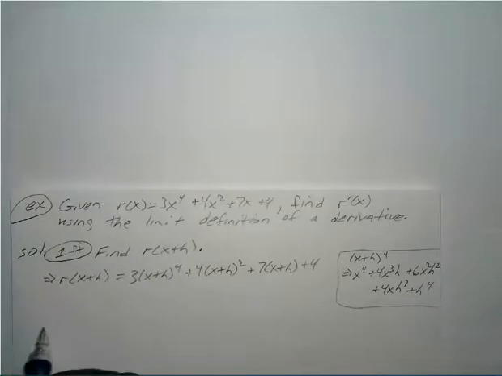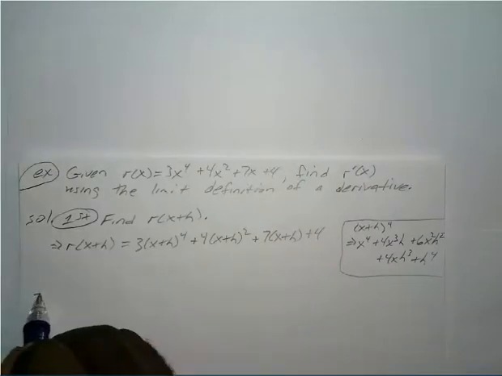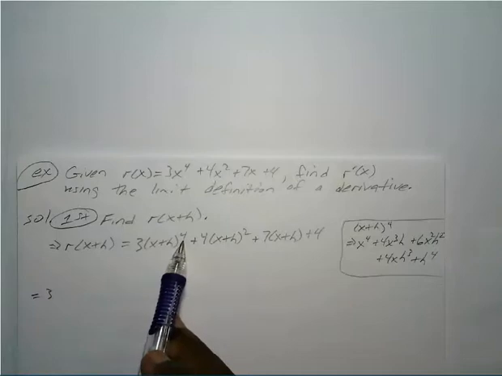Alright, I'm going to go ahead and move this all the way over just because of how drawn out it's going to get. So you have 3 times x plus h to the fourth.